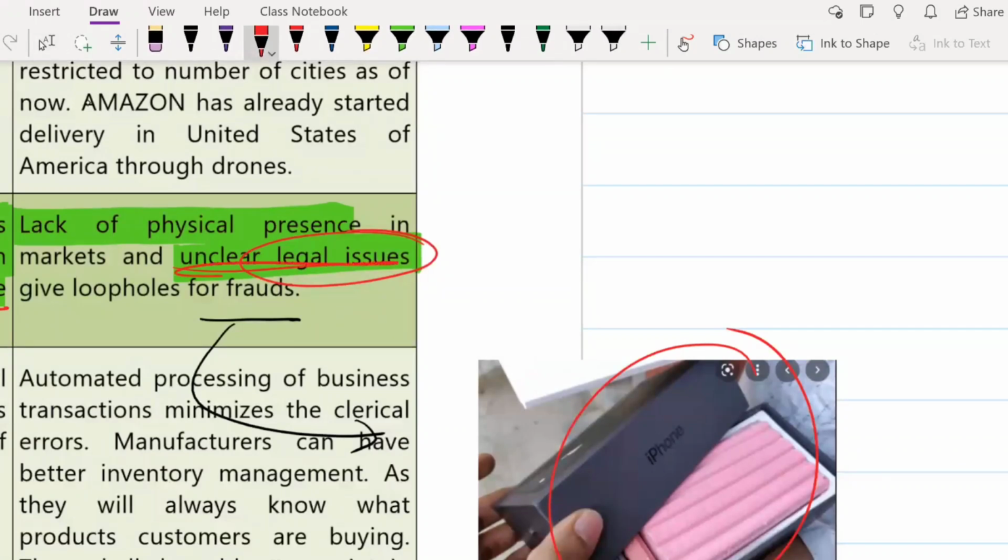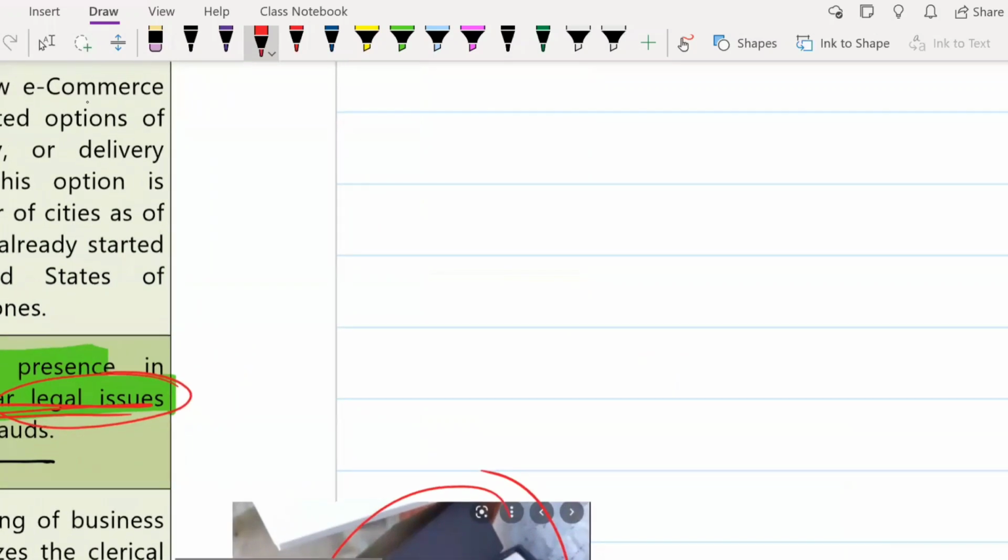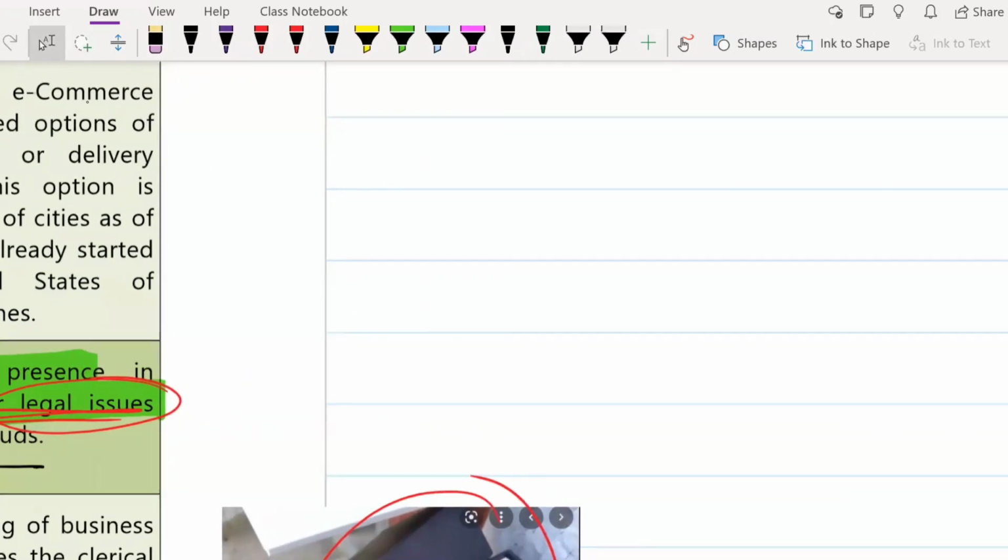Okay, unclear legal issues. What are unclear legal issues? Recently there was an incident. I'm not really sure which product it was. There was a product that cost about 90,000 rupees.